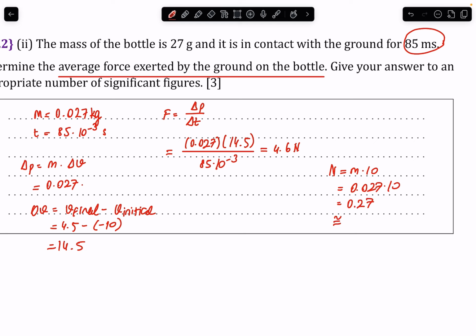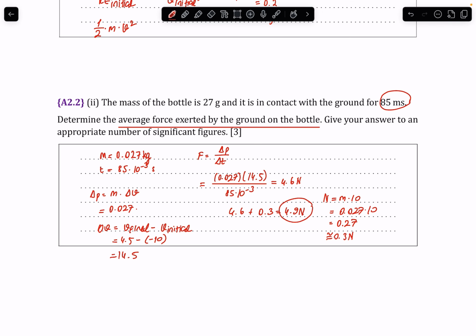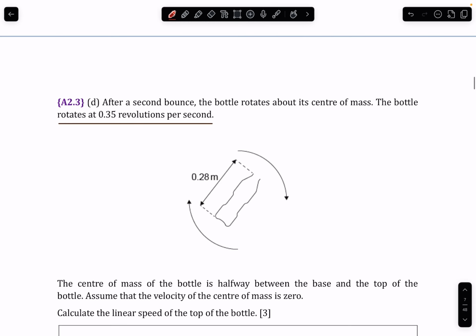And this equals to around 0.3 newtons. And then if we add up 0.3 newtons, our final answer will be 4.9 newtons, because there's also a normal force that the ground exerts on the bottle that's not taken into consideration with just 4.6.